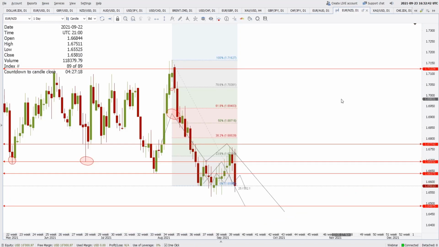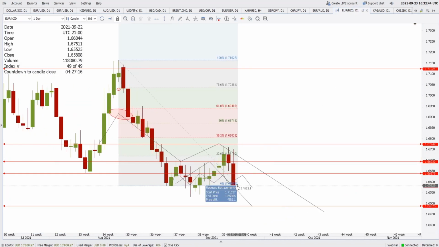Talking about the euro versus New Zealand dollar, this is a very bearish price action. Today's candle has engulfed the candles of almost 14 days, so 14 days of price action has been negated.